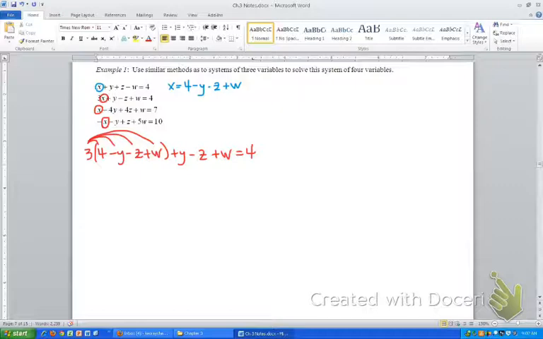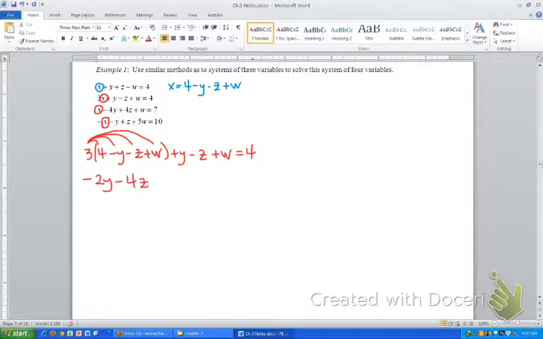All right. So kind of all in one step, I've got variables w, z, and y. So let's combine all of our y's first. I'm going to have a negative 3y once I distribute that in. Negative 3y plus y will leave me with a negative 2y. Right? And then for my z's, I've got negative 3z once I distribute in, minus z will give me negative 4z.